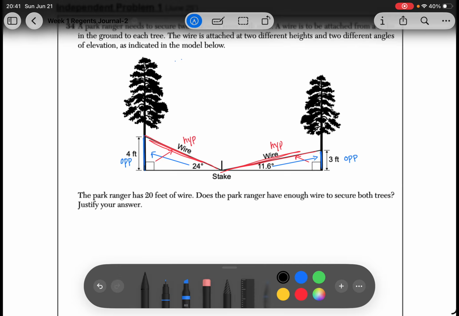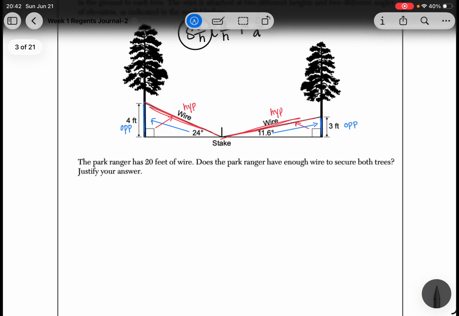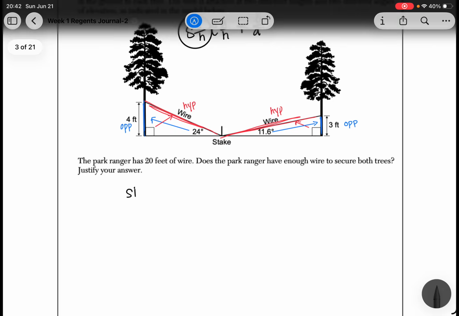So let's write out our acronym. SOH CAH TOA. Since we're using opposite and hypotenuse, because the adjacent side isn't given to us, we're going to use sine for both of these. To set up our trig function, we always do sine, cosine, or tangent of our reference angle.